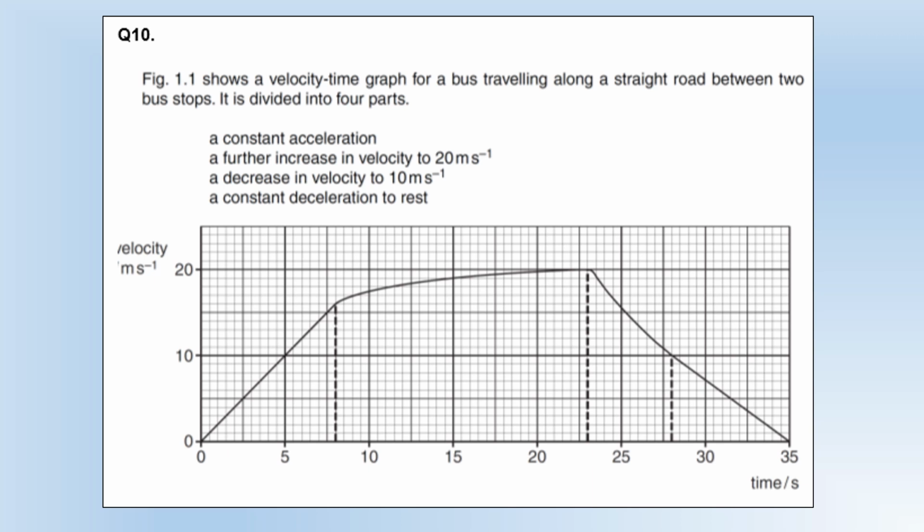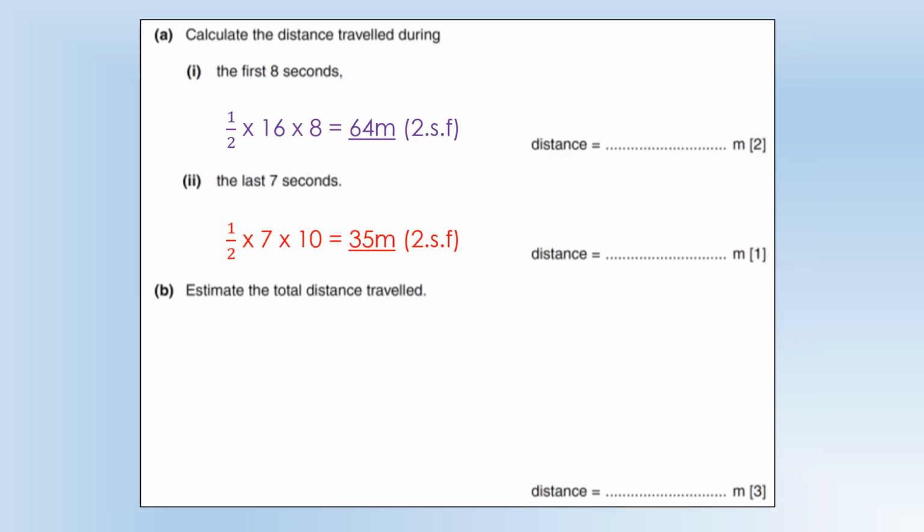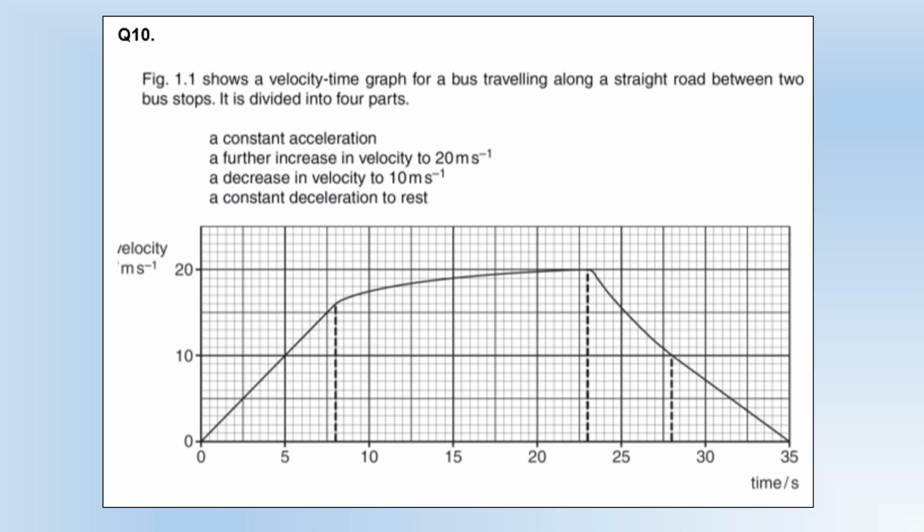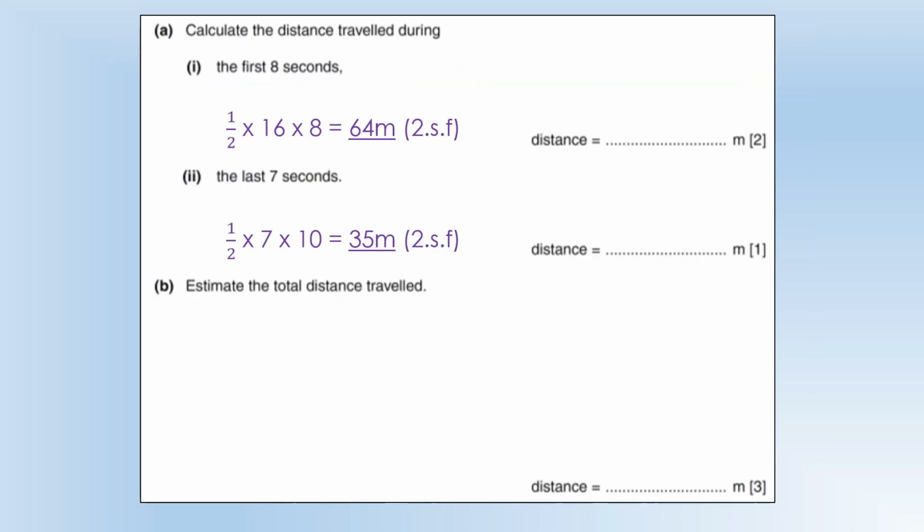For the last 7 seconds, we can repeat this process. It's constant deceleration, so that's going to be a triangle shape. Again, half base times height gives us 35. For the total distance travelled, we need to figure out the rest of the area under the graph. So I'm going to do this by counting the squares.